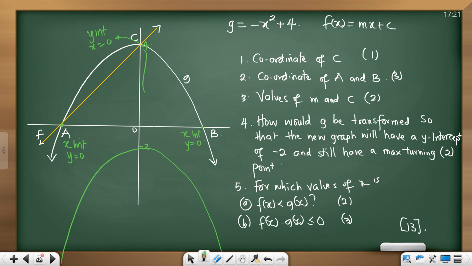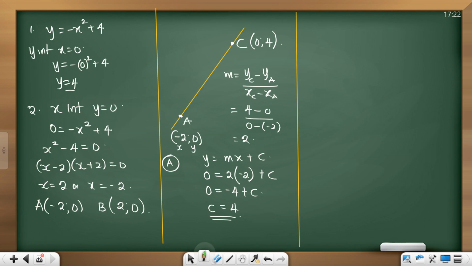So what's the distance there? 6 units, because from here to here is 4, from here to here is 2. So how should the G be transformed? Shifted 6 units down.